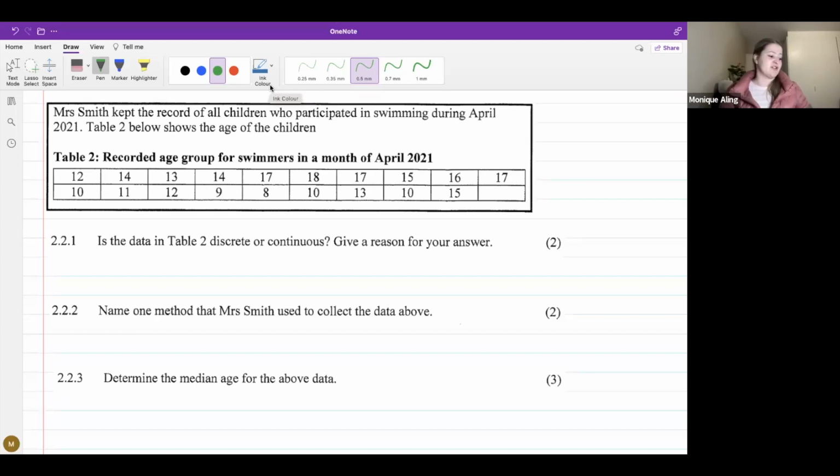Okay, and what's your definition of continuous? How do you understand continuous? What does continuous data mean to you? The way I think when it comes to continuous, it is where the numbers repeat itself more than twice.